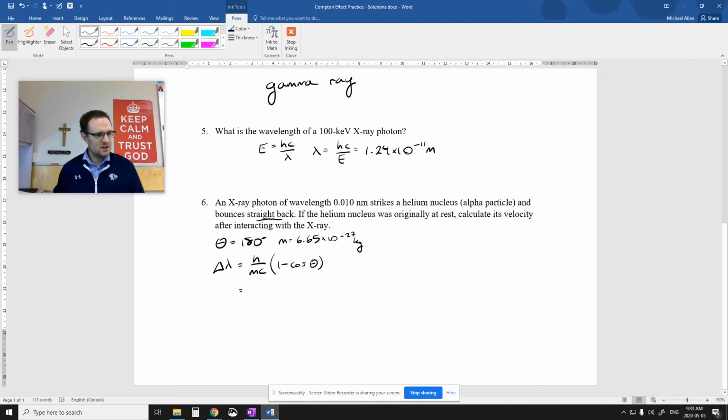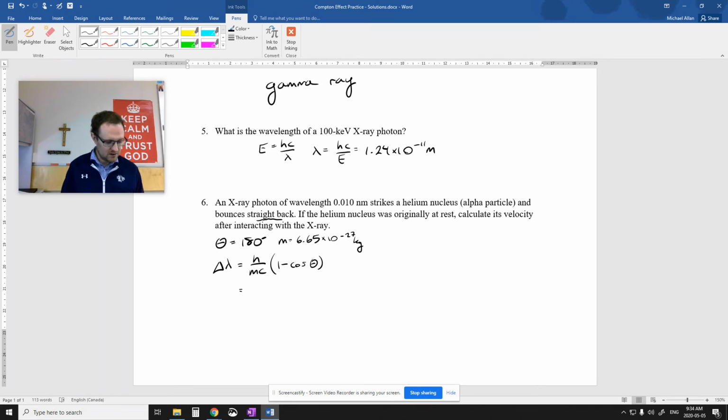So if I punch these all in there, h 6.63 divided by 6.65 e to the negative 27 times the speed of light, times 1 minus cos 180. Making sure I'm in the right mode. I'm in degree mode.